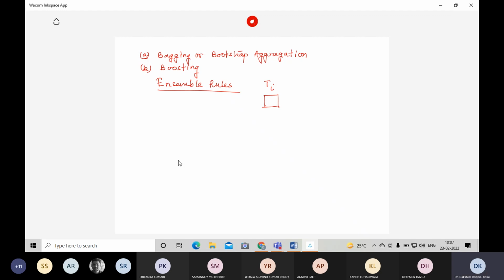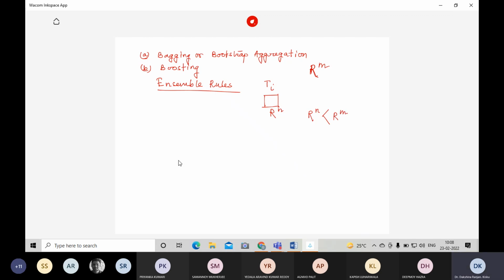Let's say the dimension of the original, entire data set is Rm, and the dimension of the small subset is Rn. Obviously Rn will be less than Rm.